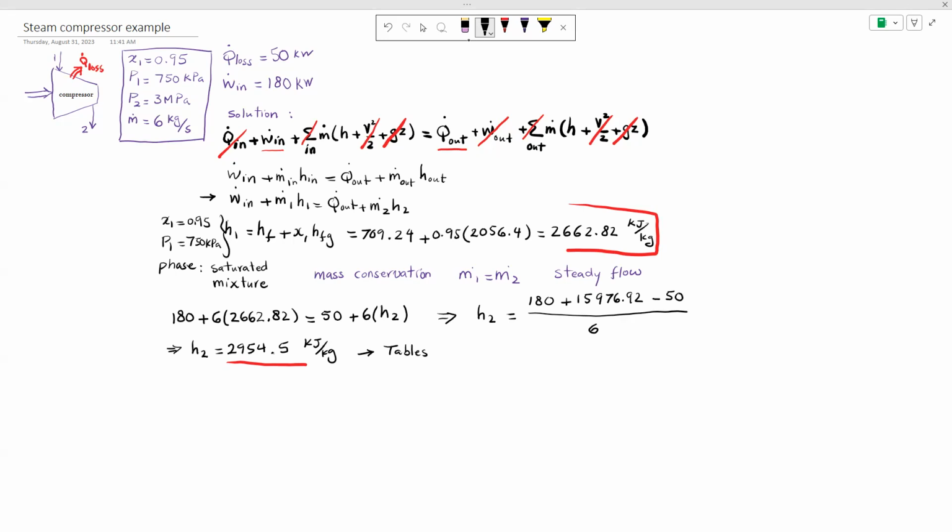So the information at the exit is H2 is 2954.5 and P2 is given as 3 megapascals. So usually what we do is we go to the saturation table and see if our H2 is between Hf and Hg at 3 megapascals.